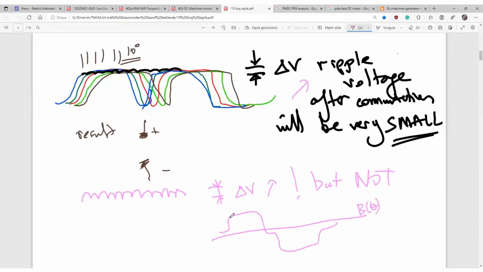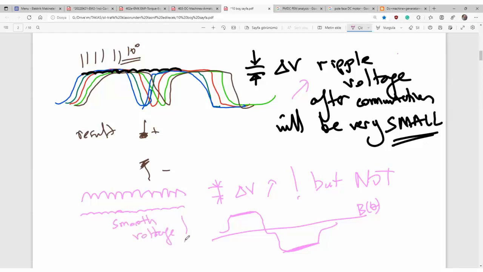Here it is smooth, so it will induce smooth voltages. And you commutate the electromotive force every 10 degrees, but as a result you will have a much smoother voltage.